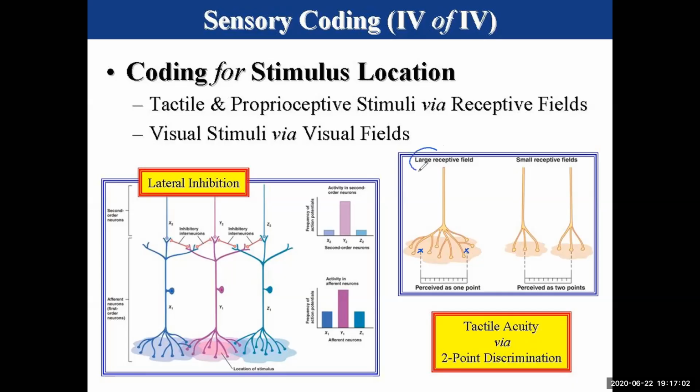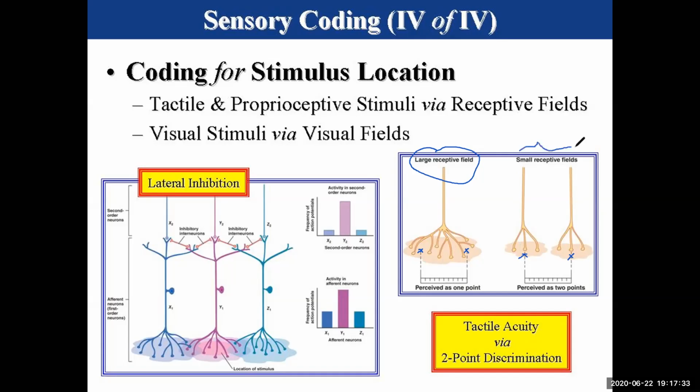This large receptive field, the brain will perceive it as one same stimulus. But over here, since there are two different neurons, you have a stimulus here and a stimulus here, the brain will be able to perceive two different positions on the same size area on the surface of the skin.